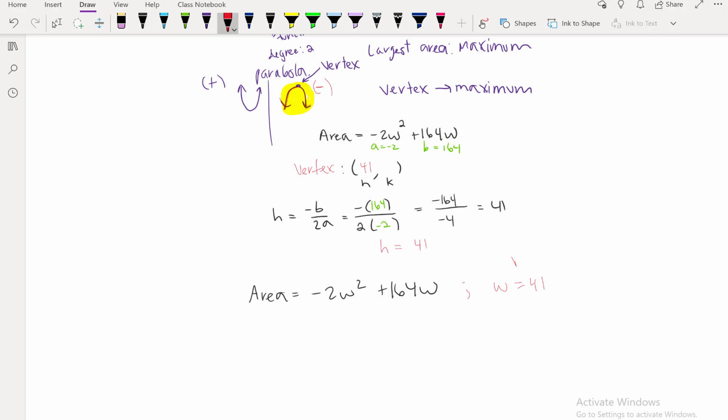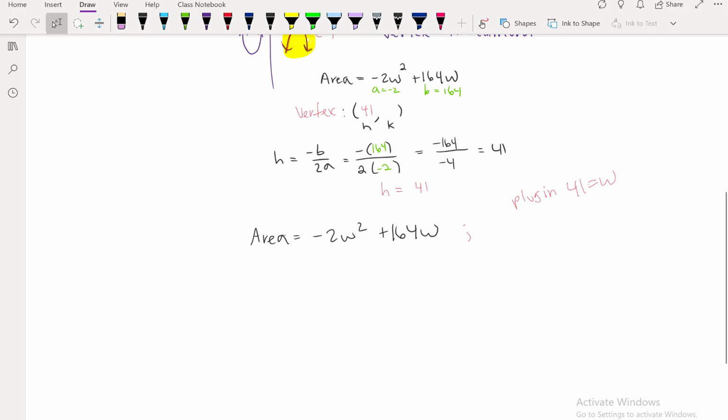So I'm going to have that my area is equal to negative 2 times 41 squared plus 164 times 41, which is going to give me 3,362 square feet.